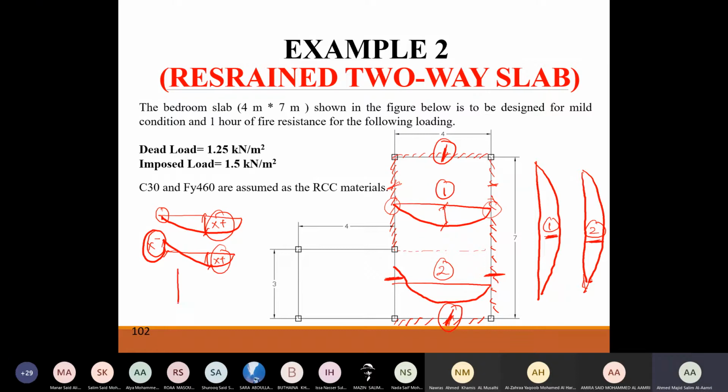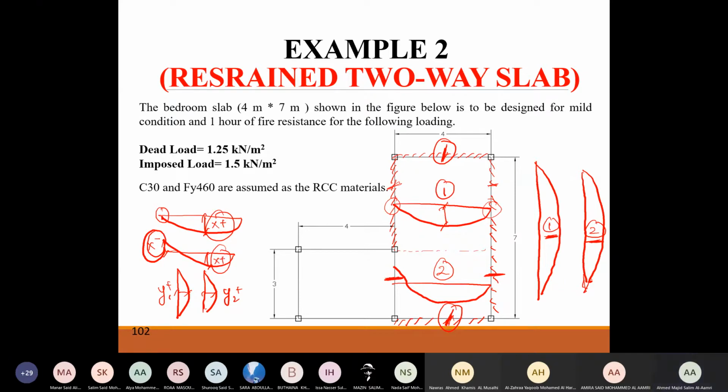Now on the side of Y, we are going to have Y1 and Y2. So which one are we going to take? Once again, both of them are positive, so we are going to take the maximum of the two. If I design for the maximum, of course the minimum will be safe.